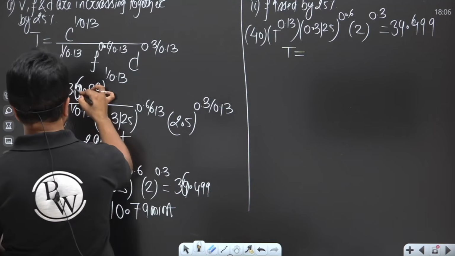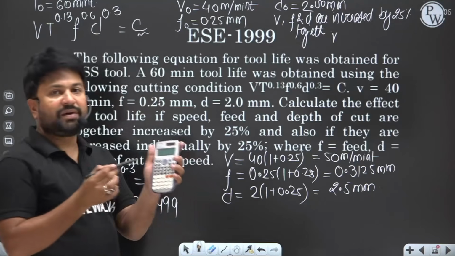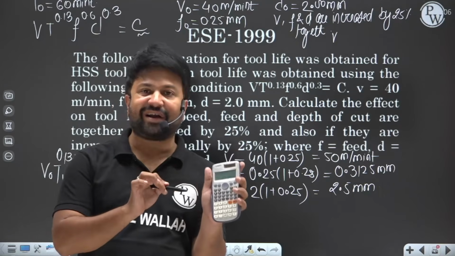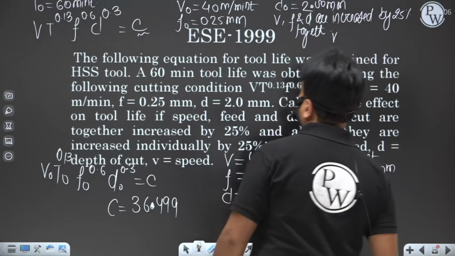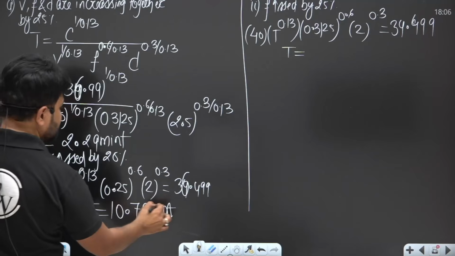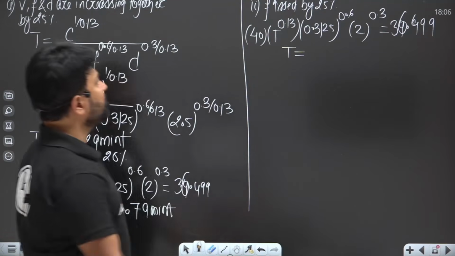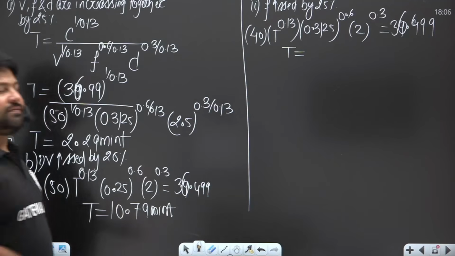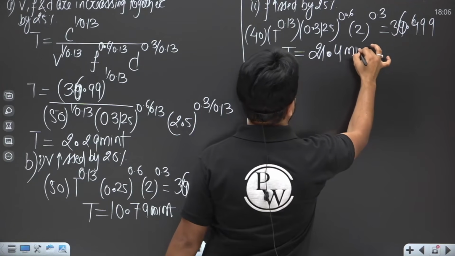In my calculator I have 36.499, so please make the change: it is 36.499. Now if you calculate the value of T, it will become 21.4 minute.